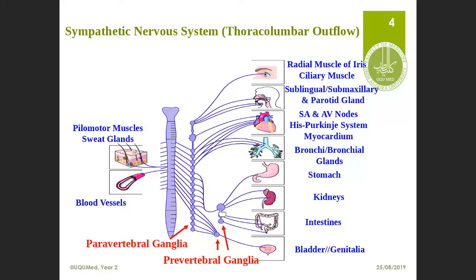So what it means is that nerve stimulation in the sympathetic nervous system has paravertebral ganglia and prevertebral ganglia just to reach the effector organs. But when we come to our today's session, I will let you know a difference here.